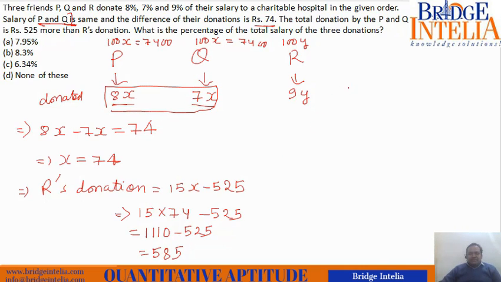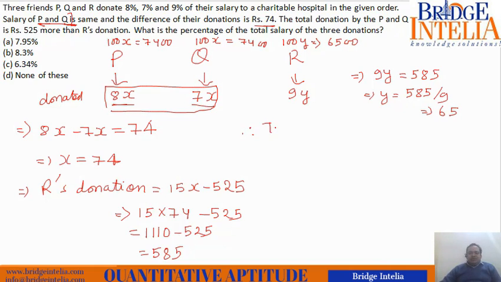It means 9y is equal to 585, which means y is equal to 585 by 9. So this comes out to be equal to 65. So his salary, 100y, is 6500.